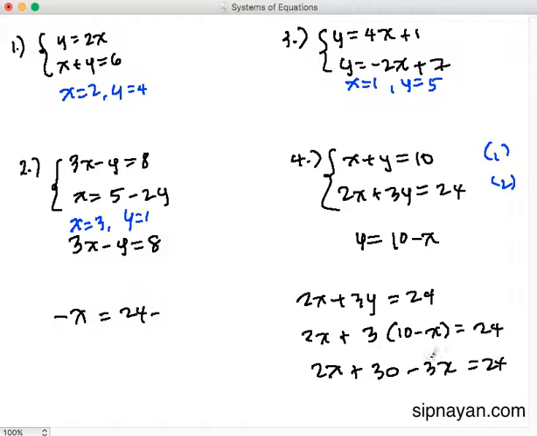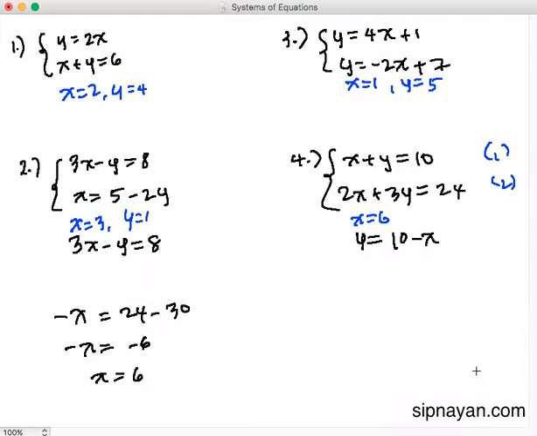It becomes minus when you move it to the other side because it's plus here. And then we have negative x equals negative 6 and x equals 6. So our x is equal to 6, and we know that x plus y equals 10, so obviously y equals 4, because their sum is 10.